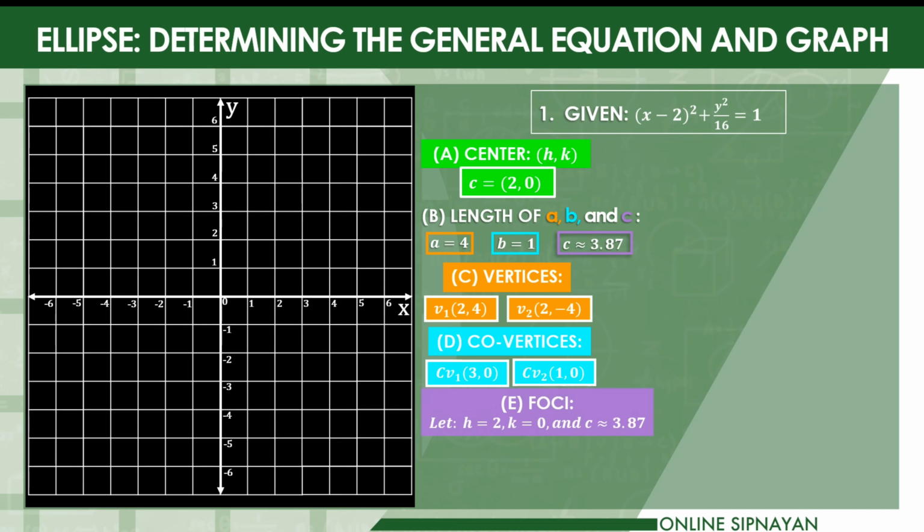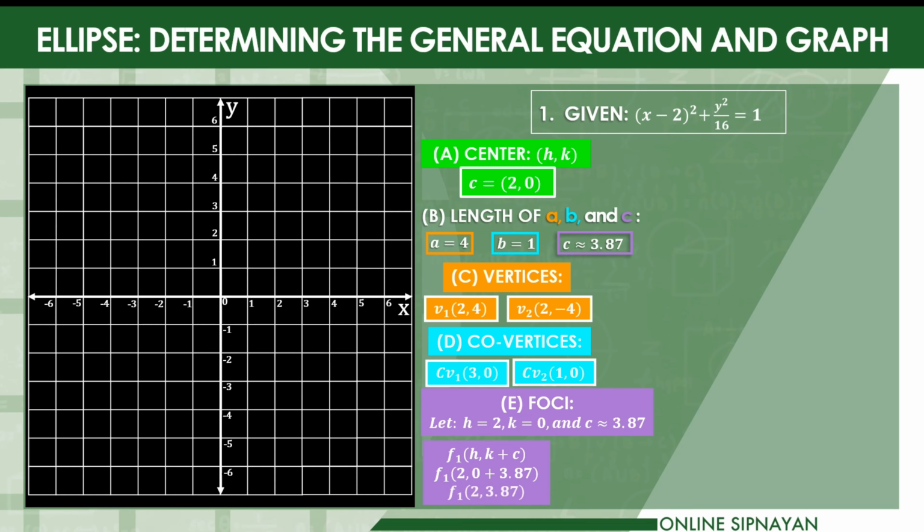Next is the foci. So we're going to let h is equal to 2, k is equal to 0, and c is approximately equal to 3.87. So focus 1 is at h, k plus c. So substitute the values. We have 2, 0 plus 3.87.